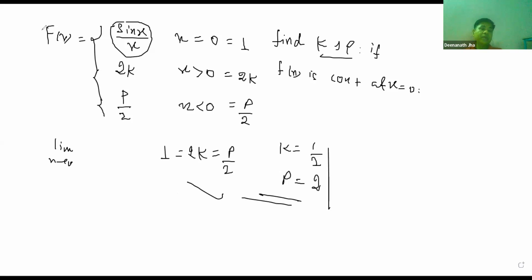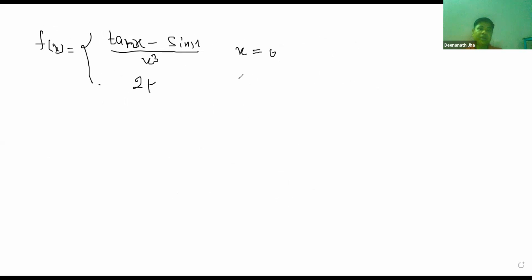Now, next question: f(x) equals 10x minus sin x by x cube when x is not equal to 0, and 2k when x is equal to 0.